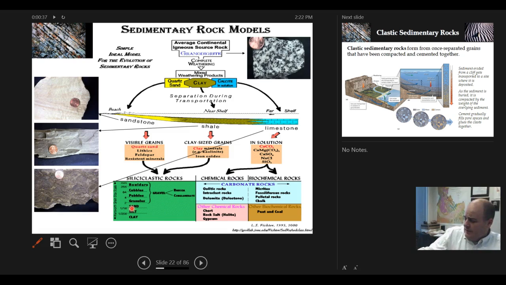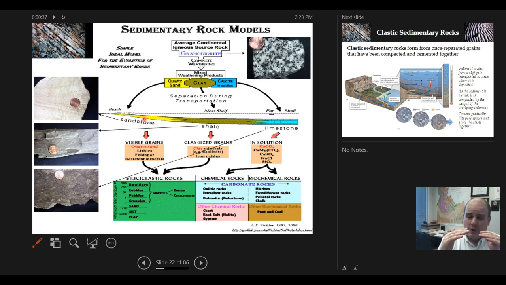So for example, often these clastic rocks are deposited because of some type of energy within it. Places that have high energy, you're going to have the coarser grained materials, because the high energy is going to take the smaller stuff away and leave the big stuff behind, right?